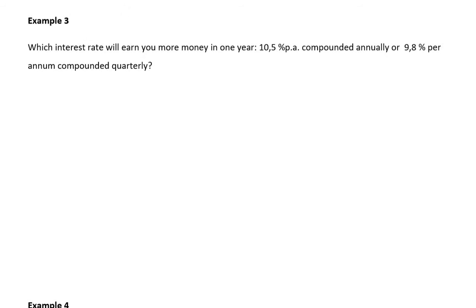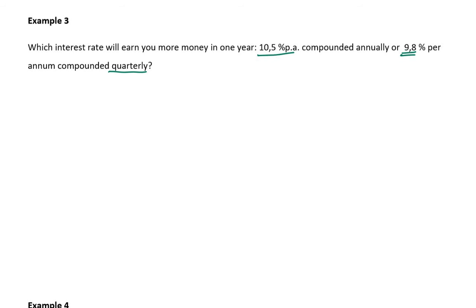Right, let's have a look at this one. Which interest rate will earn you more money over 1 year? 10.5% per annum compounded annually, or 9.8% compounded quarterly? Now, don't be fooled by the fact that this is less. It is compounded quarterly, which means you're getting interest on interest multiple times in the year, whereas this 10.5% is just once off.